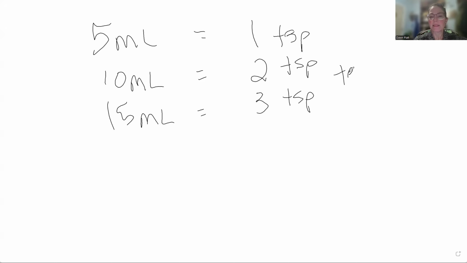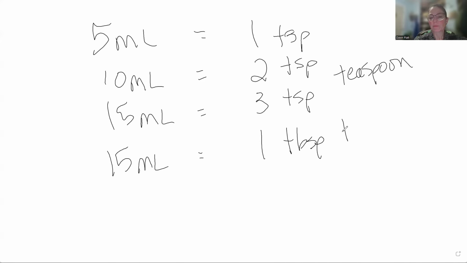And this is teaspoon. In addition, 15 milliliters equals 1 tablespoon. So if you have 3 teaspoons, that's 1 tablespoon.